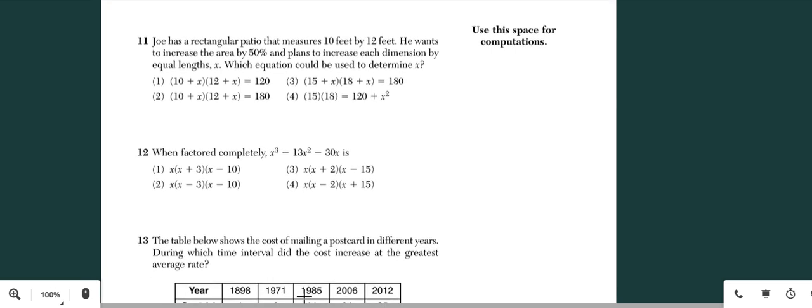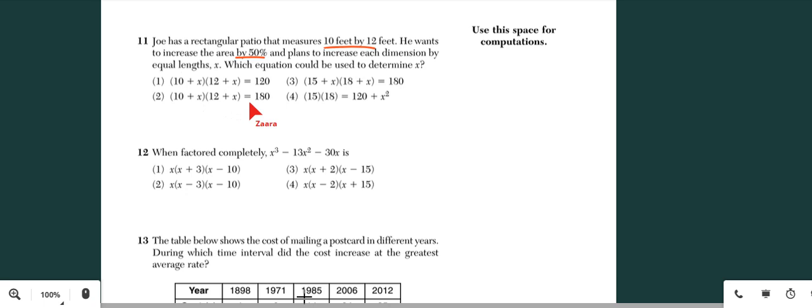Okay, look at question number 11. What does it say now? It says that Joe has a rectangular statue that measured 10 feet by 12 feet. He wants to increase the area by 50%. Keep it in your mind. What is the target?